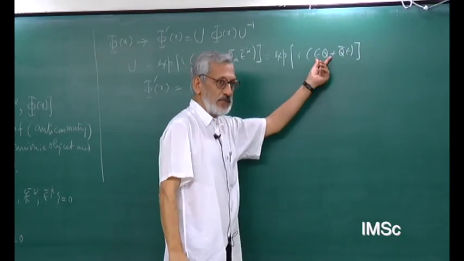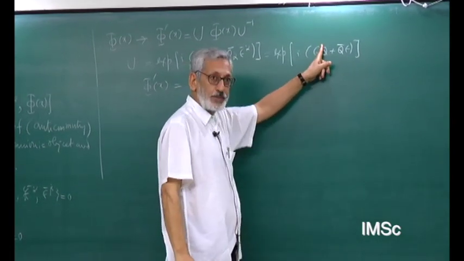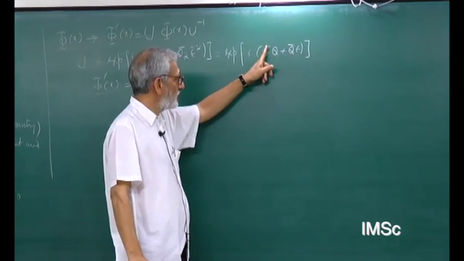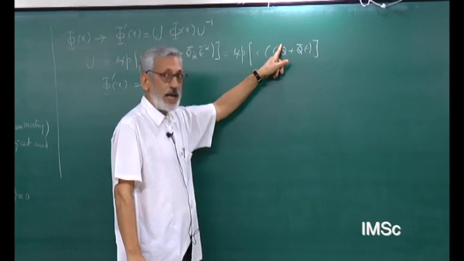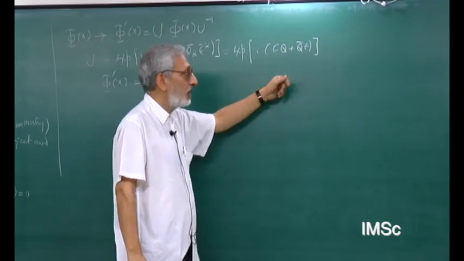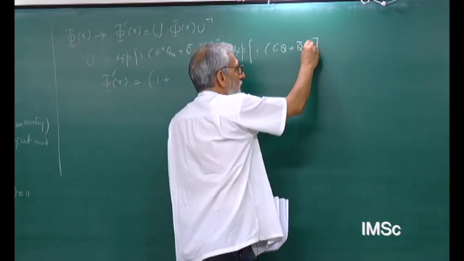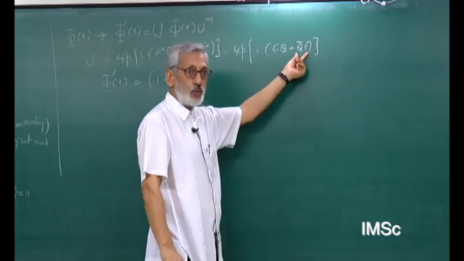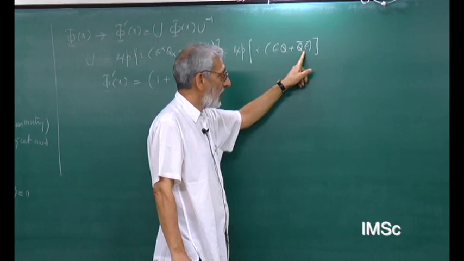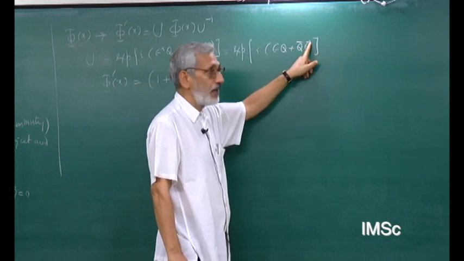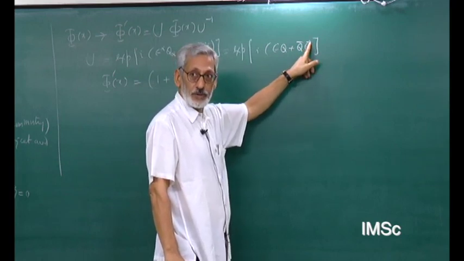By this we mean epsilon alpha up, Q alpha down. The convention for undotted indices, in order to write this notation, is first one up, second one down. And for barred ones, which are dotted indices, Q bar alpha dot down and epsilon bar up.